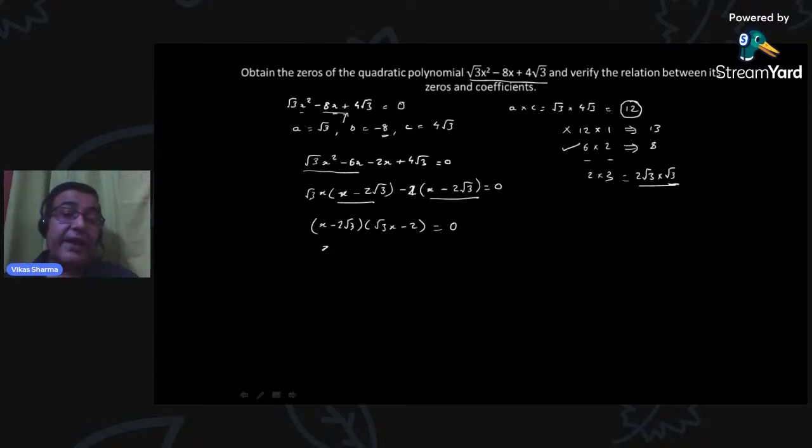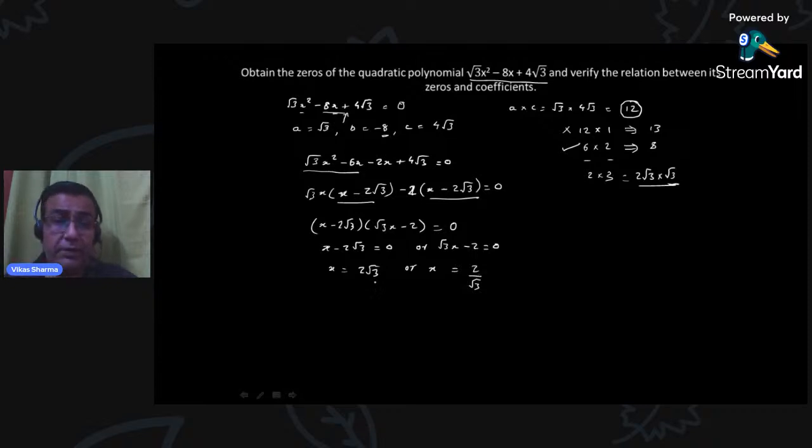So either x minus 2 root 3 is equal to 0, or root 3x minus 2 is equal to 0. Okay, then finding the value of x, taking 2 root 3 to the other side, one of the zeros is 2 root 3. And here if we find the value of x, taking 2 to the other side, we have got 2 divided by root 3.